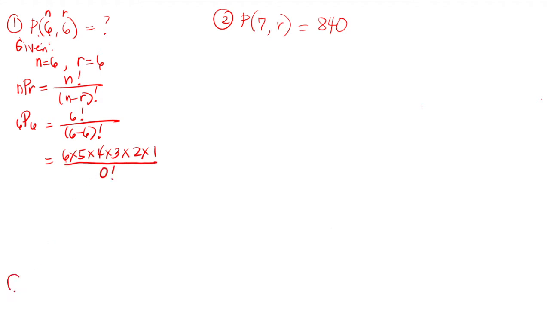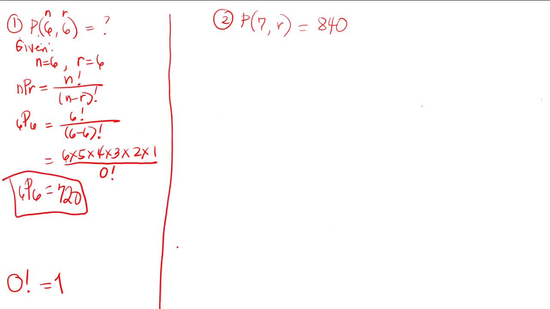Remember that in probability there's a rule. 0 factorial is always equal to 1. So we have 6 times 5, 30 times 4, 120 times 3, 360 times 2, 720. So therefore, the permutation of 6 things taken 6 at a time is 720.